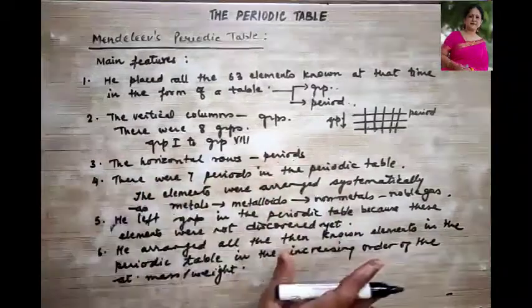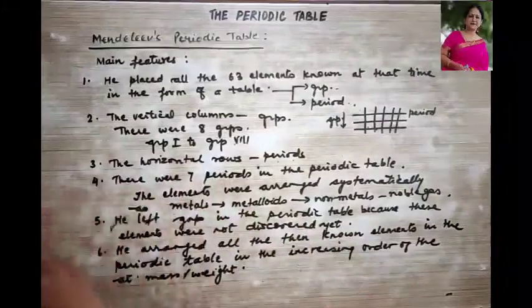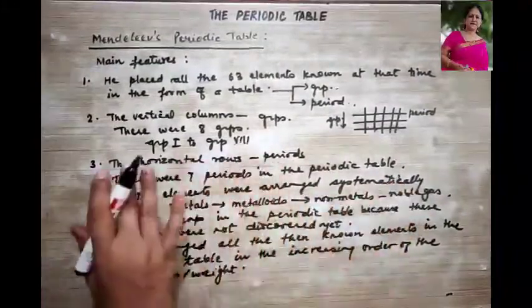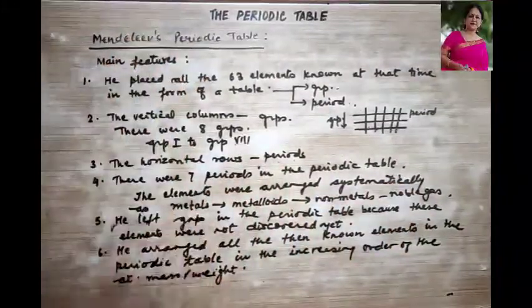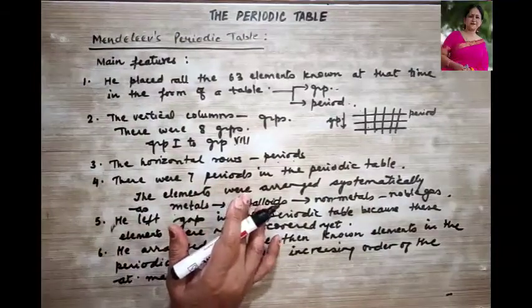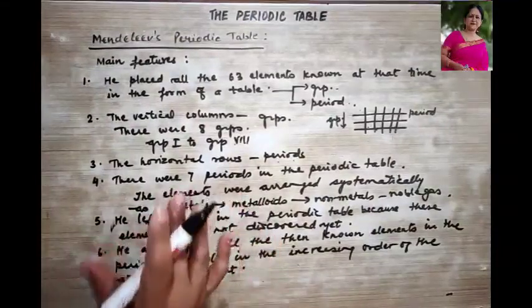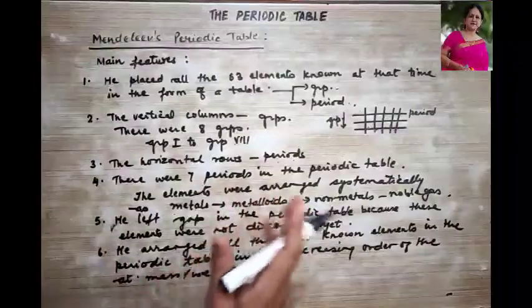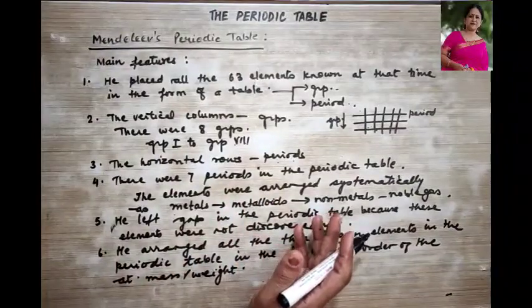In spite of so many merits, main features, good points that were introduced by Mendeleev, still his periodic table had certain drawbacks.